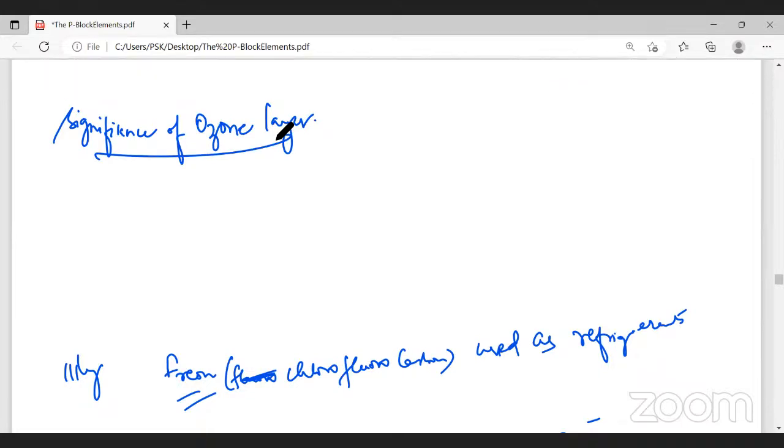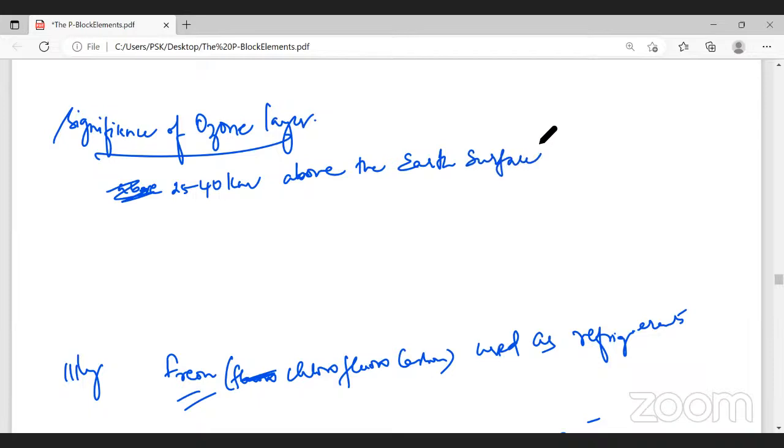See, the ozone layer is formed in the stratosphere, above 25 to 40 kilometers above the Earth's surface, called the stratosphere.